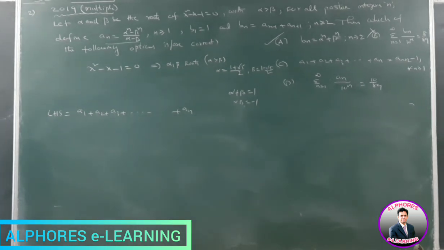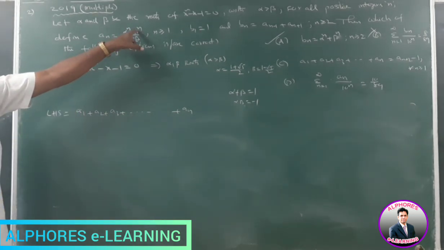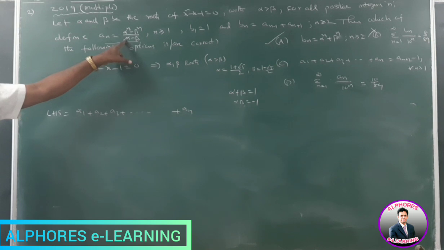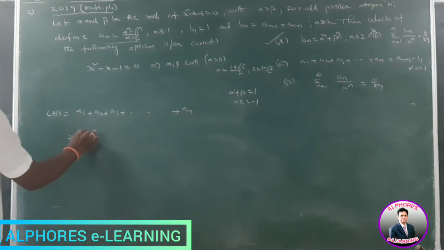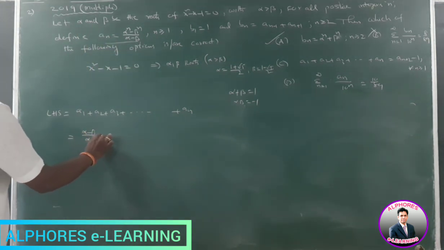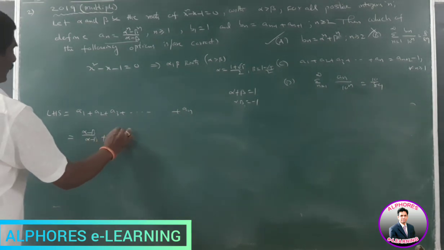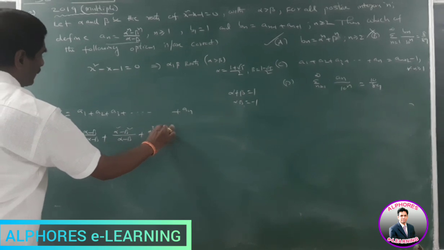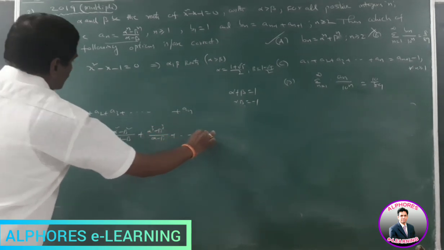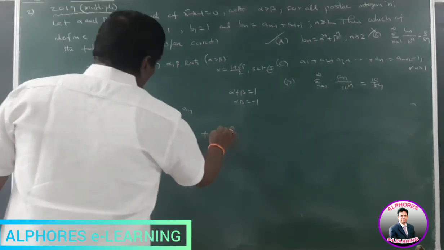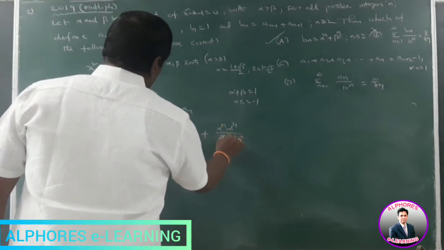What is the value of AN? AN means alpha power n minus beta power n by alpha minus beta. Okay, that means alpha minus beta by alpha minus beta plus A2 means alpha square minus beta square by alpha minus beta, plus alpha cube minus beta cube by alpha minus beta, plus so on, alpha power n minus beta power n by alpha minus beta.